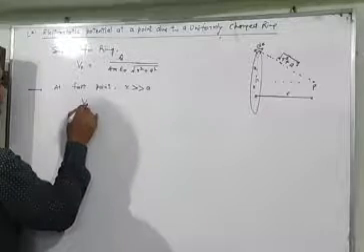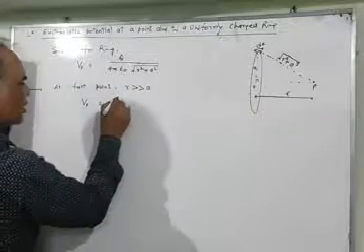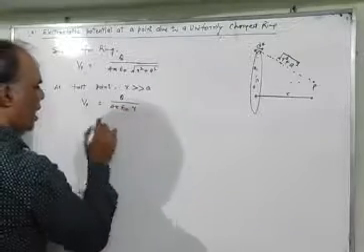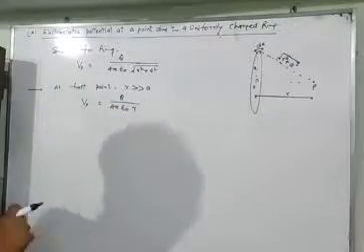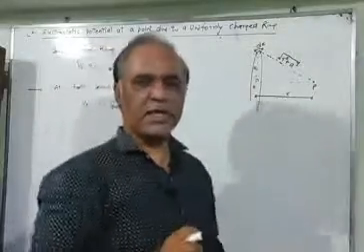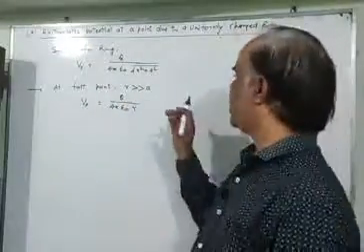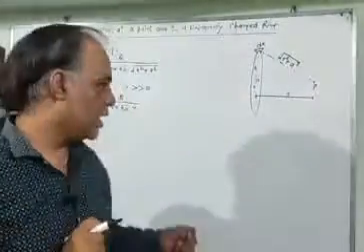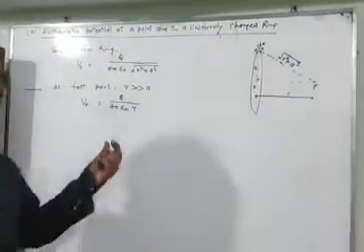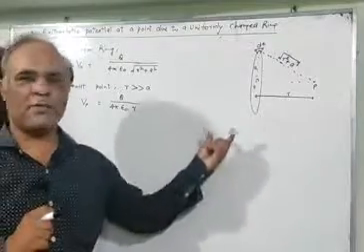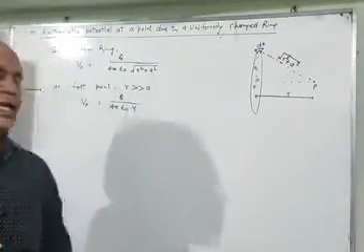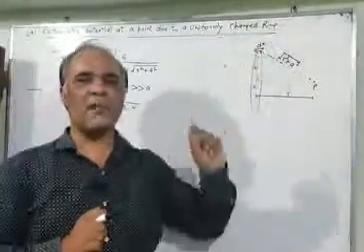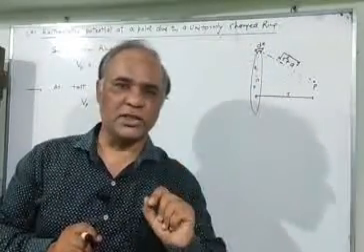Therefore, the electrostatic potential would be q upon 4 pi epsilon naught r. That is, it looks as if the entire charge is located at the center of the ring, or it is the same as the electrostatic potential due to a point charge. So we can directly say that at far point the ring behaves as a point charge.